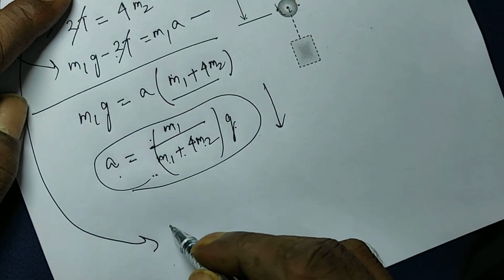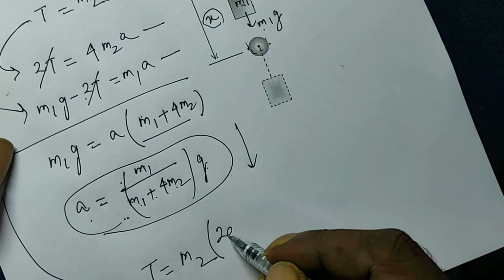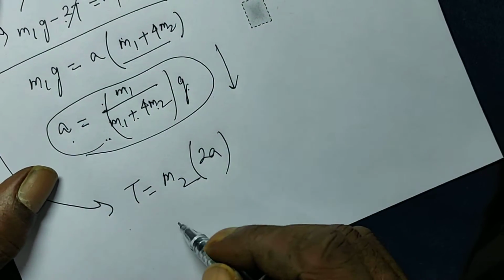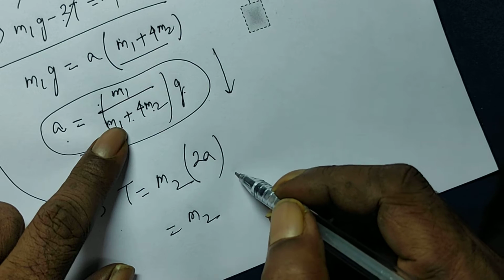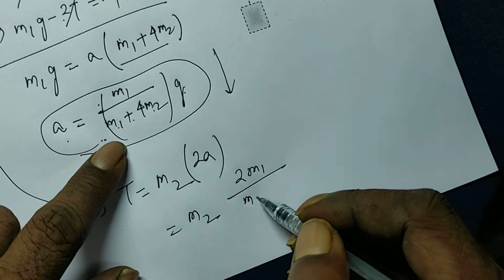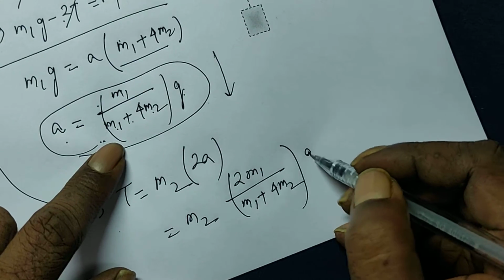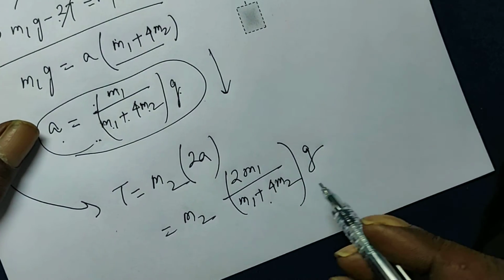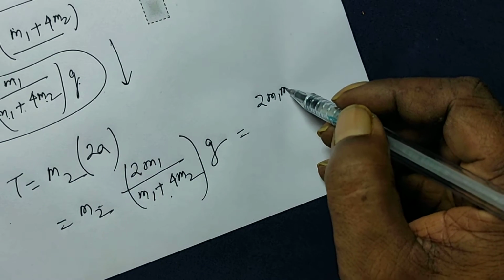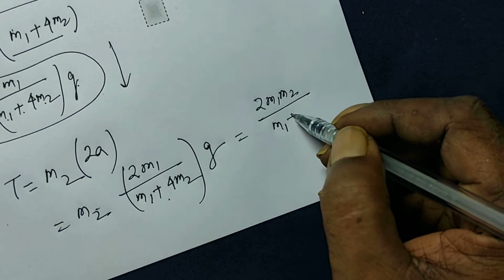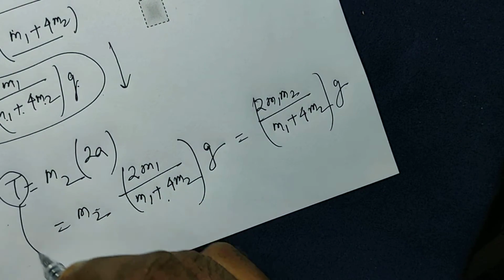So T equals M2 times 2a, that is M2 times 2 M1 over M1 plus 4 M2 times g. So this becomes 2 M1 M2 over M1 plus 4 M2 times g, which is your tension.